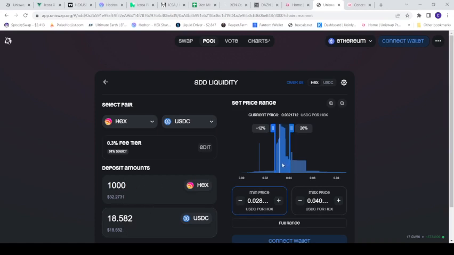So once you get past your range on this side of the bar, that means all your Hex has been bought. Everybody's bought your Hex, and now you're left with USDC only. I hope that makes sense. So that is a range, I guess you'd call it concentrated liquidity.